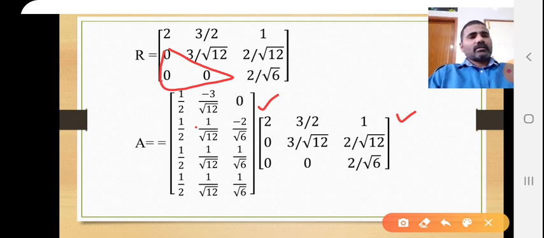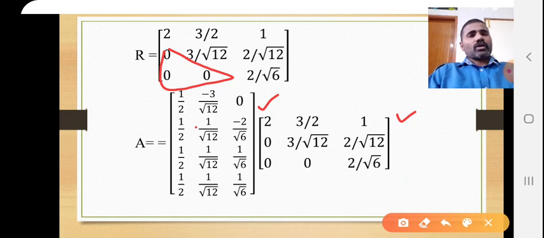Go for second, it is 3 by 4 minus 9 by 12, which is also 3 by 4. 3 by 4 minus 3 by 4 will be 0. The first row second element will be 0, that's why we get 0. And go for last, 1 by 2 minus 6 by 12, that means it is also 1 by 2. 1 by 2 minus 1 by 2 will be 0. The third column first element is also 0. Like that, if we multiply these two matrices, again we will get the matrix A.